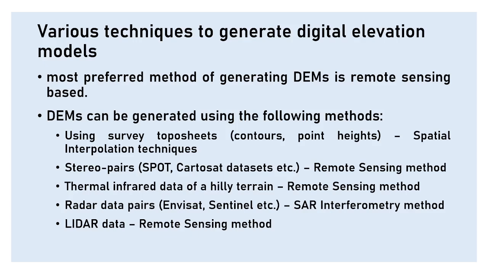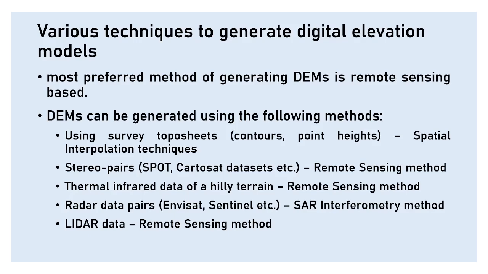That is a very basic method without using the latest technology. You are basically just using certain information and then preparing the DEM model. Then you have stereo pairs, like using SPOT or Cartosat, which are satellites. You use their data sets to generate a DEM image.